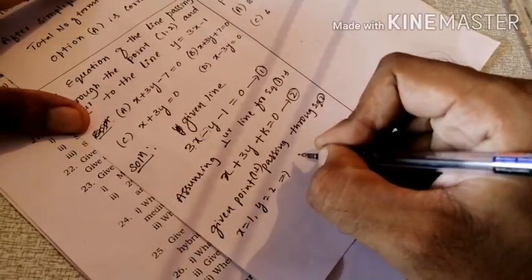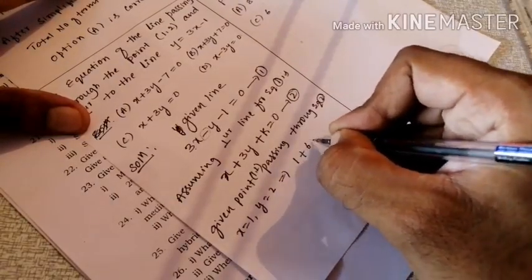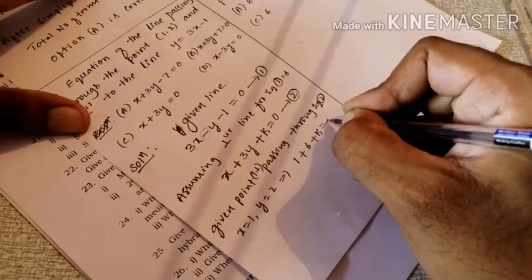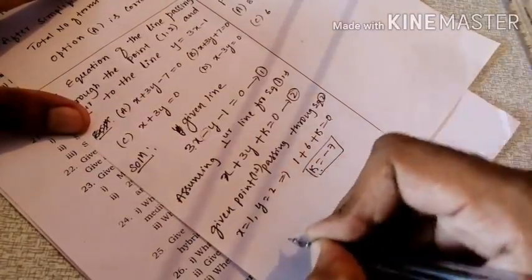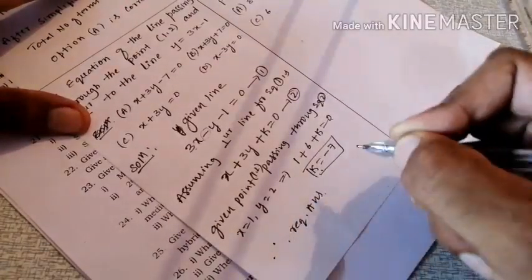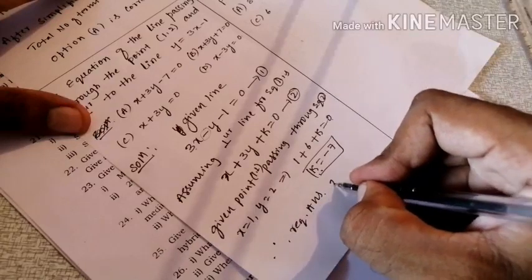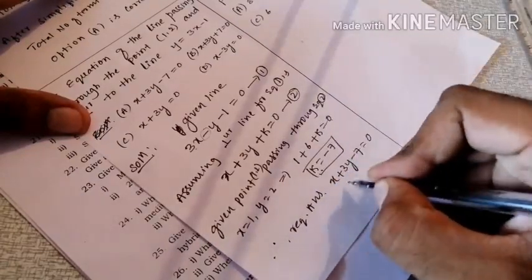So that implies 1 plus 6 plus k is equal to 0. So k is equal to minus 7. So therefore the required answer is x plus 3y minus 7 is equal to 0.